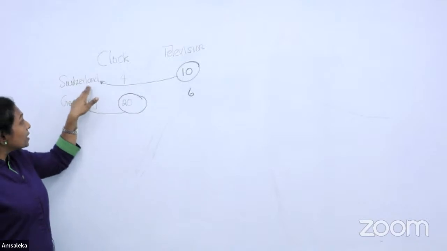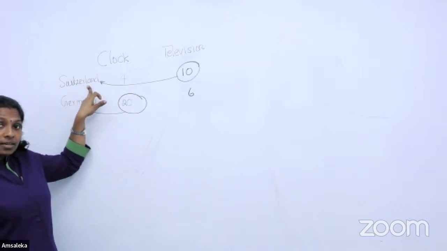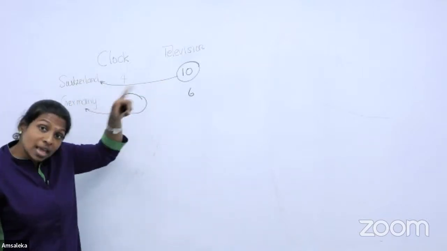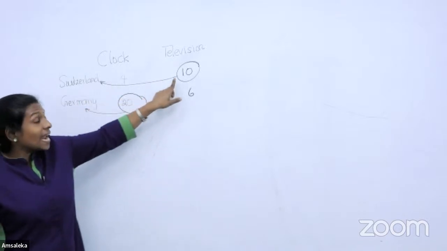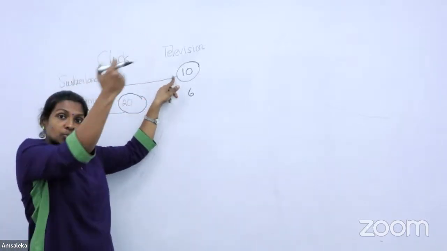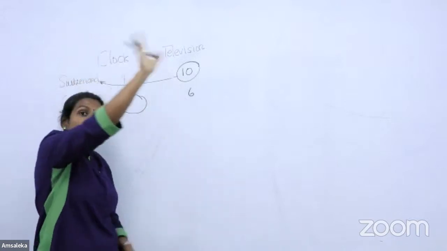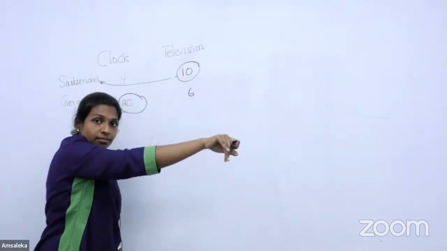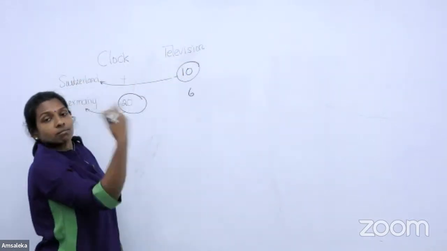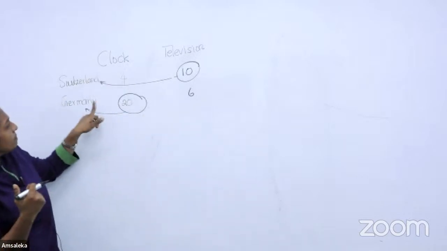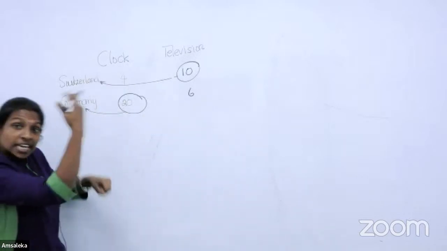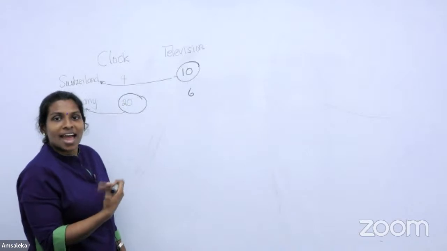Therefore, Switzerland is going to produce television. Therefore, Switzerland can export the production of television and import. Who is the best for clock? Germany. Import clock from Germany and vice versa.